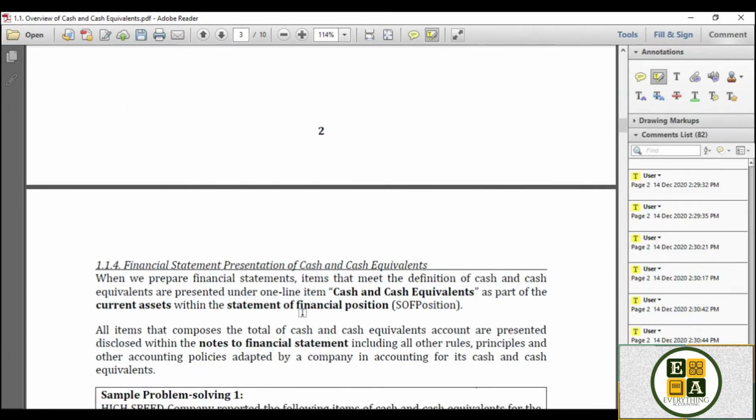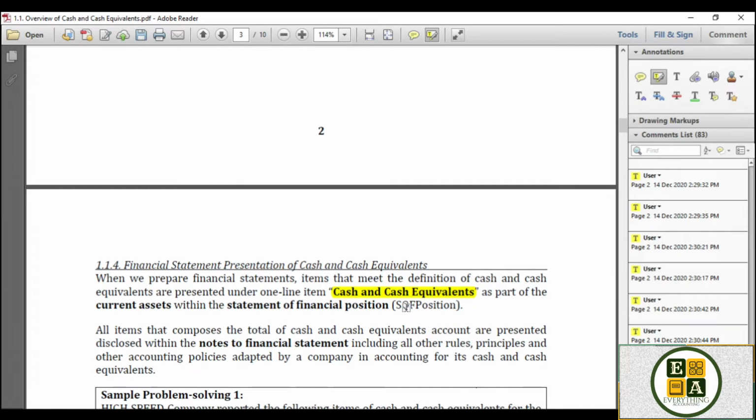So, the financial statement presentation of our cash and cash equivalents. When a company prepares its financial statements, particularly the statement of financial position or balance sheet, all items that meet the definition of cash and cash equivalents should be presented as one line item, cash and cash equivalents. It is in the standard.